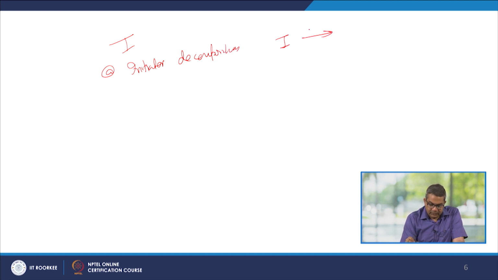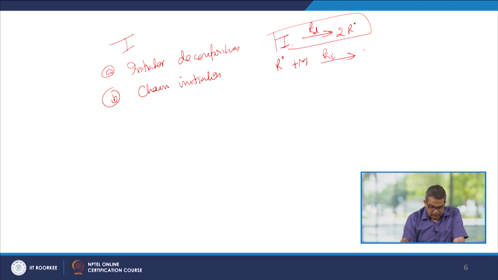So, I goes to radicals with rate constant Kd; first, this is the initiator decomposition. Then we start the chain initiation, with rate constant Ki, giving R M1.